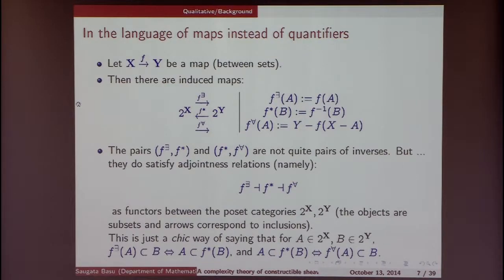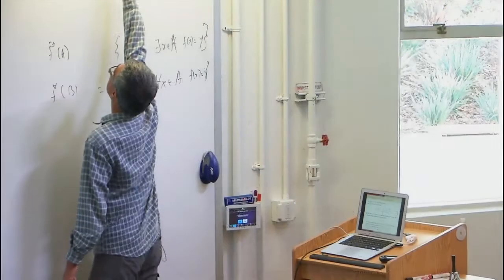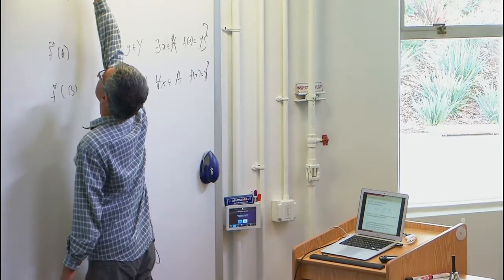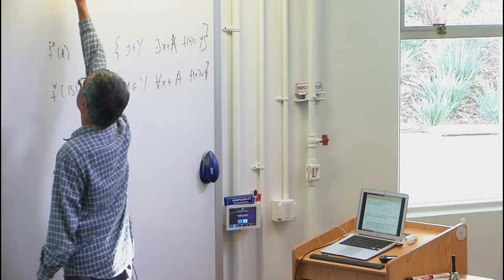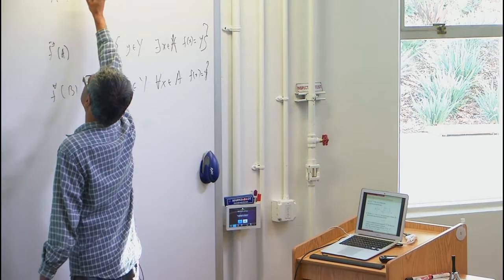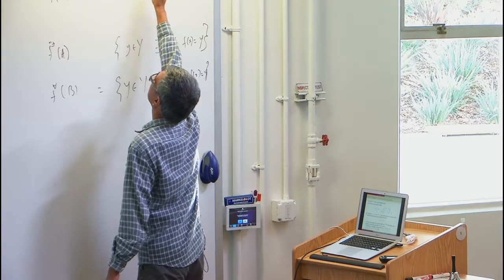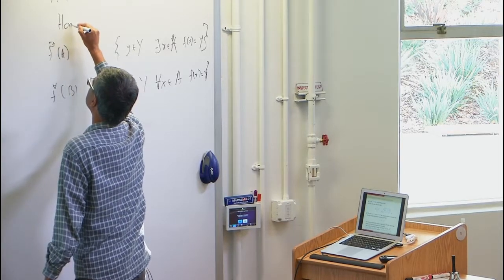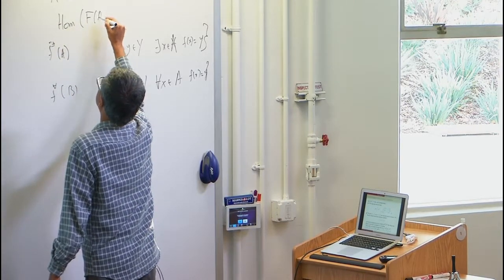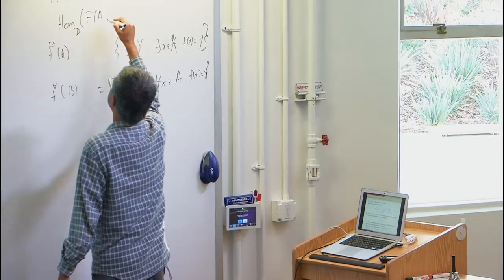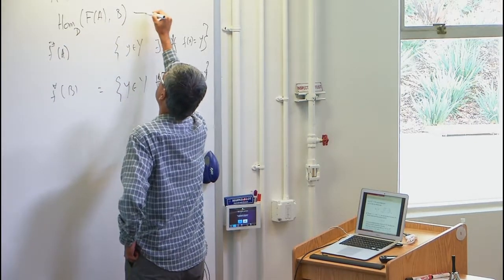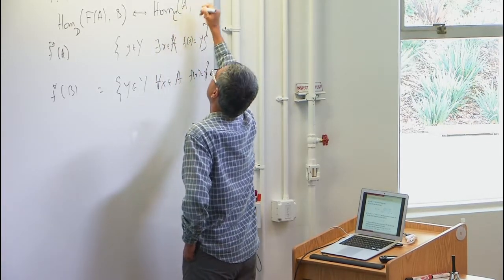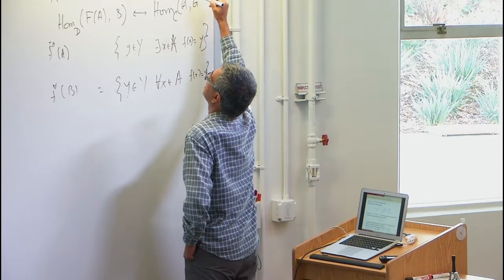To say left adjoint means, if you have two categories C and D, that this is left adjoint to that means that for every object A in C and B in D, there is a natural bijection between Hom in D and Hom in C. But again, this is all very trivial here.